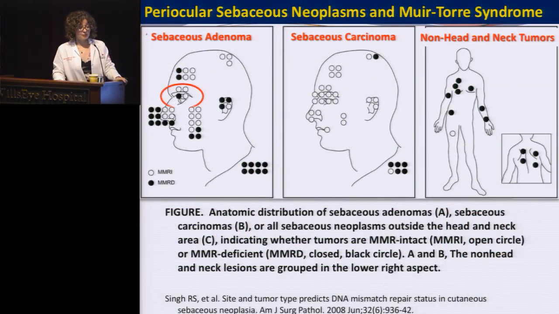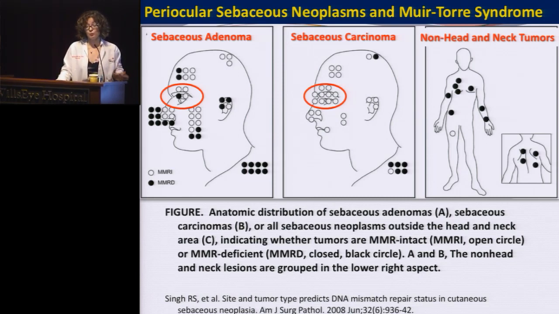And then as to the Muir-Torre syndrome, remember how sebaceous adenoma had some association with Muir-Torre? Garden variety sebaceous gland carcinoma has almost no association with Muir-Torre. So you guys as ophthalmologists, unless the tumor is well differentiated, unless the family history or personal history is suggestive of Muir-Torre syndrome, it's probably okay to let it go.